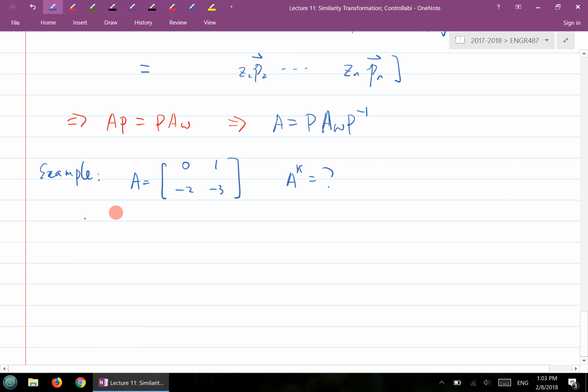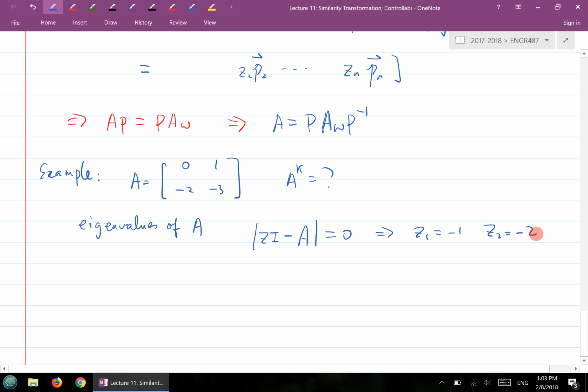So first step, get the eigenvalues of A, and it's quite simple. You basically let Zi minus A equal to 0, and you get Z1 equal to -1, and Z2 equal to -2. So we have two distinct eigenvalues.